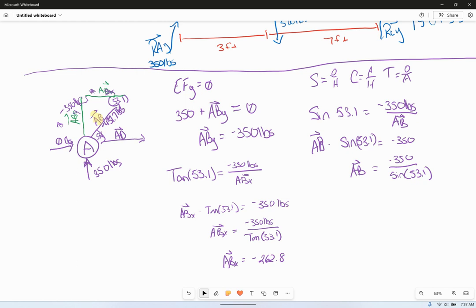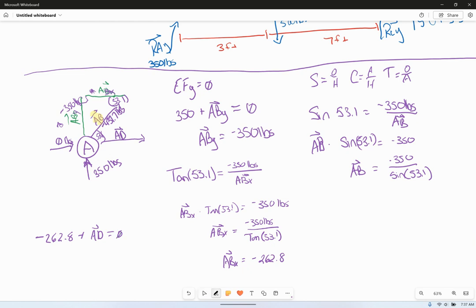Now we're going to sum our forces. We summed our vertical forces in the y direction, that was the 350 plus our ABY. Now we can sum our forces in the x direction. We have my ABX, which we just found, which is negative 262.8, plus my AD, which I don't know. AD vector is equal to 0.